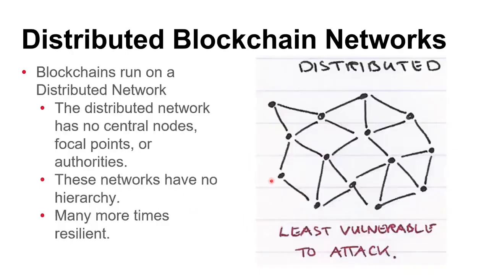So if we take a look here again, if a hacker attempted to attack just one of the nodes, it would get taken offline and then get replaced with the correct copy of the ledger. So again, our blockchain is hashed, and then it's stored on a distributed network, so it's much, much less vulnerable to attack.